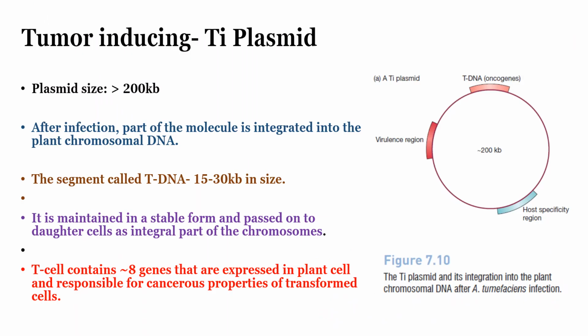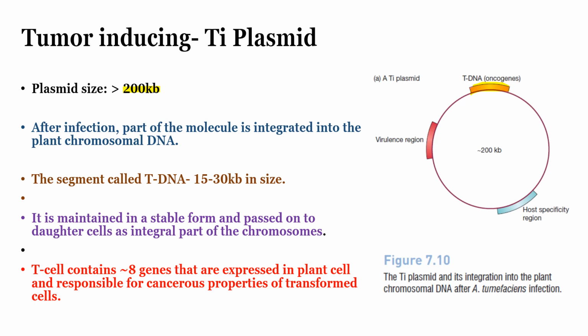Now let's have a closer look at the tDNA and the Ti plasmid. The Ti plasmid, also known as the tumor-inducing plasmid, is more than 200 kb in size, and after the infection, one part of it, the tDNA, integrates into the plant chromosomal DNA. This is called tDNA because this is actually the part related to induction of a tumor.